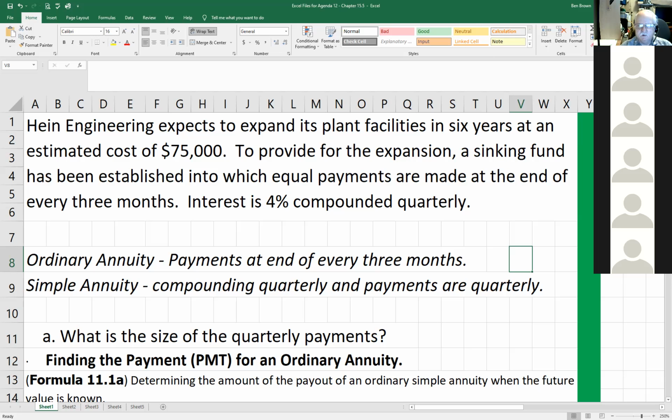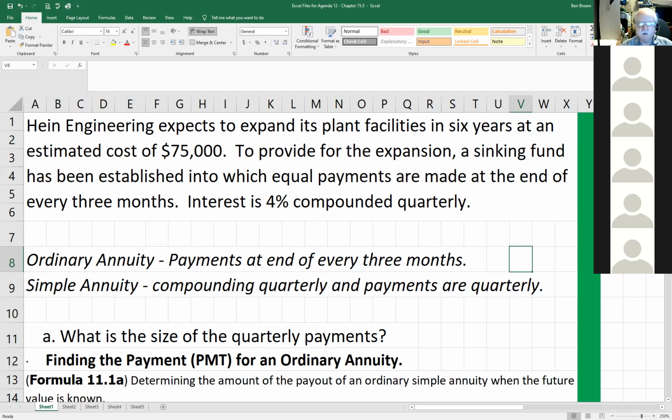So the important words here are sinking fund. A sinking fund is where a company has a bank account and they're putting money in that account to save up money to either pay something off or to be able to have a chunk of money to do something with.